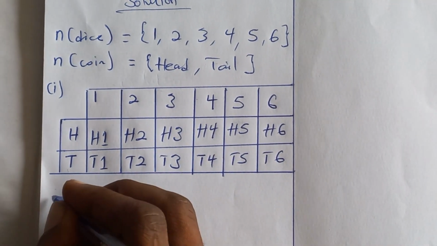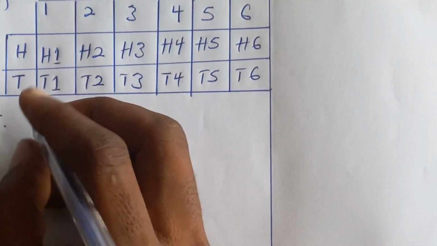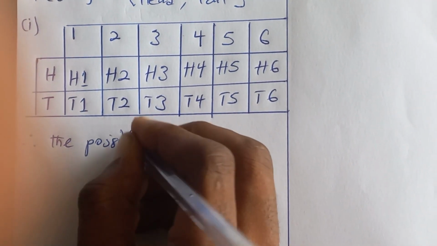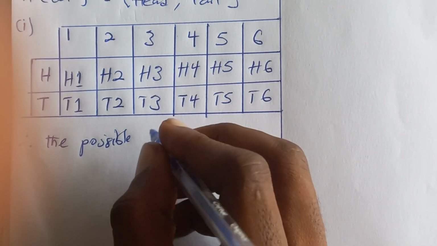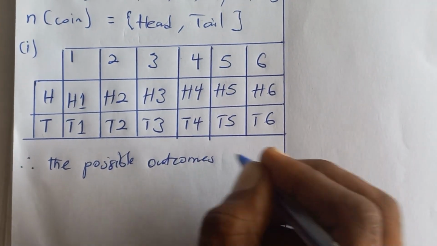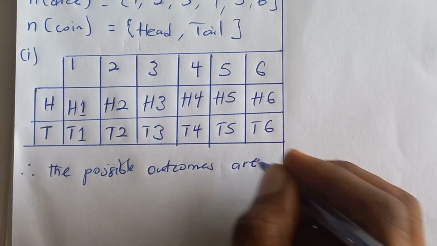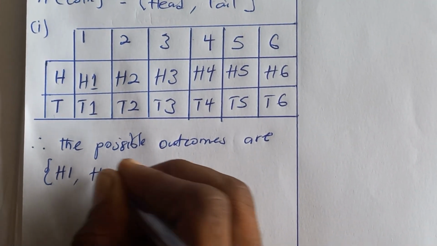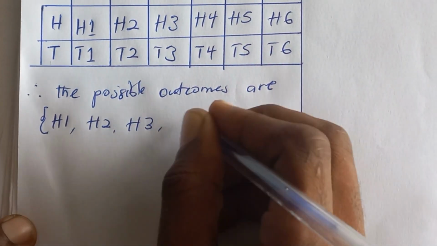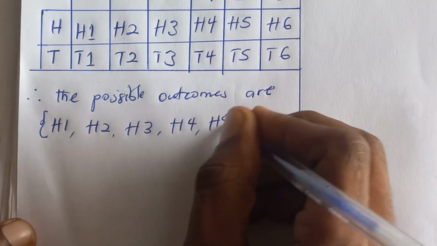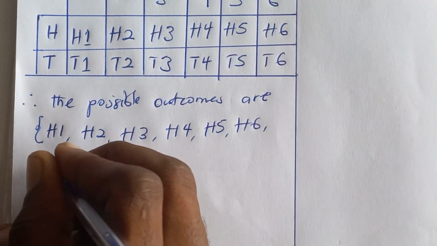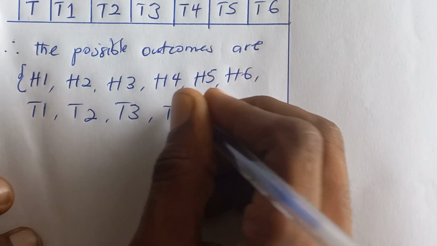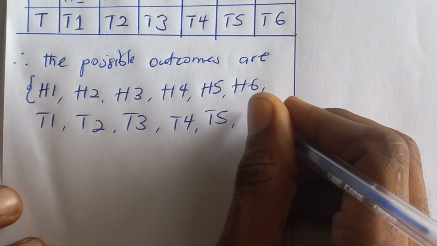Therefore, the possible outcomes are, so you have to list them: H1, H2, H3, H4, H5, H6, T1, T2, T3, T4, T5, and T6.